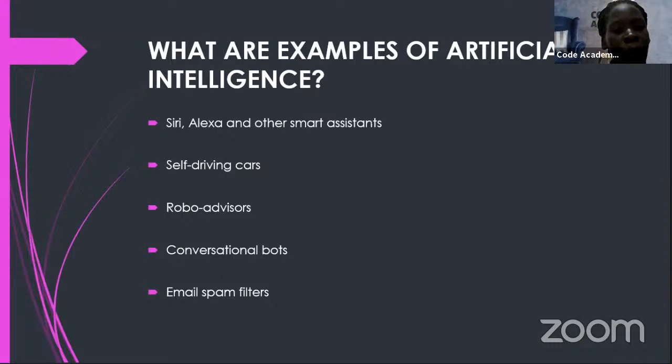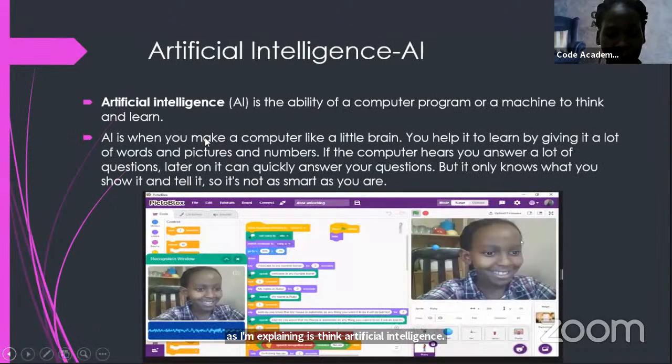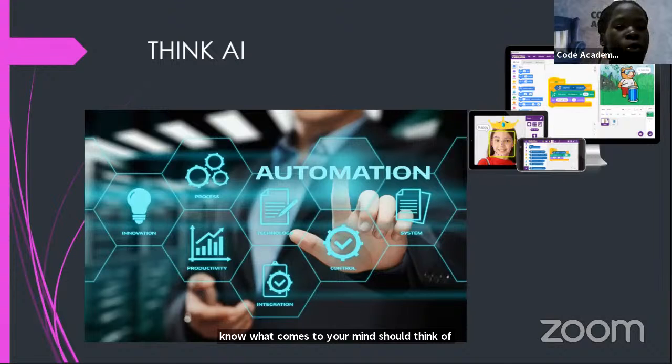The theme I'm explaining is think artificial intelligence. About artificial intelligence, you need to look at what comes to your mind. You should think of things like automation, if you want to control something.